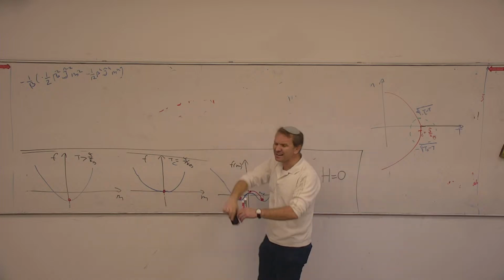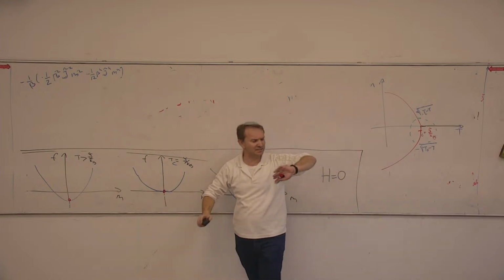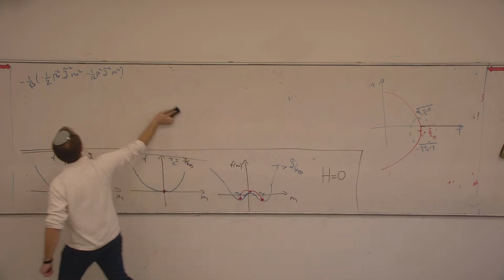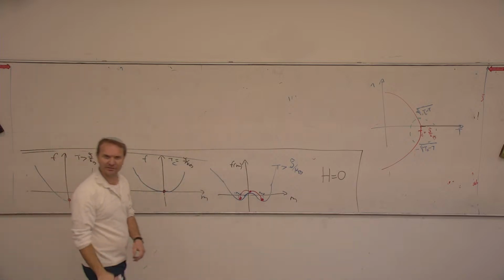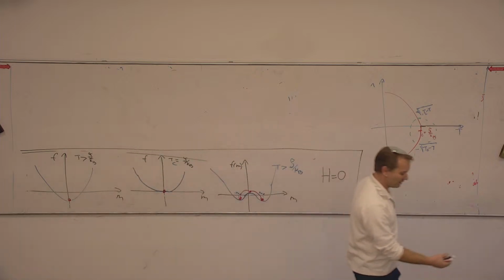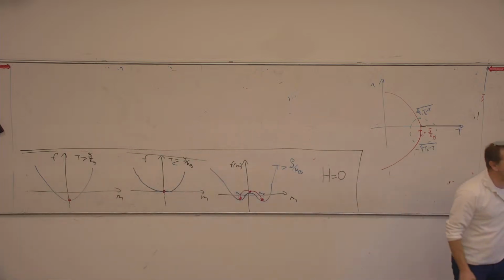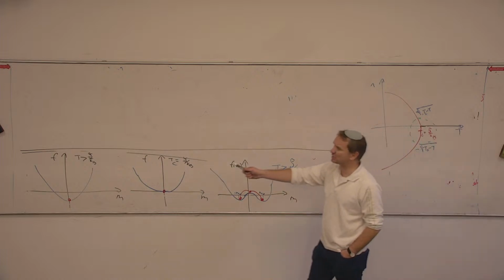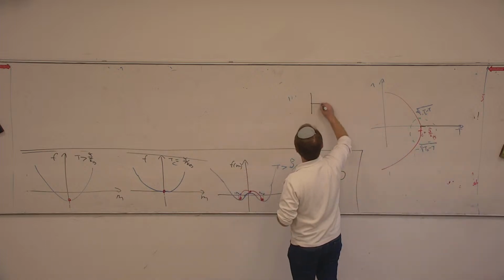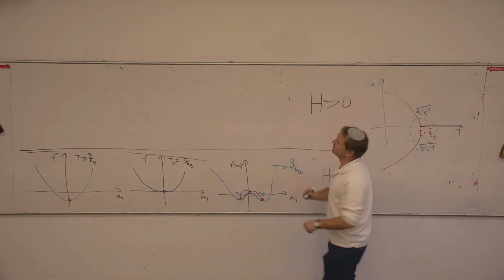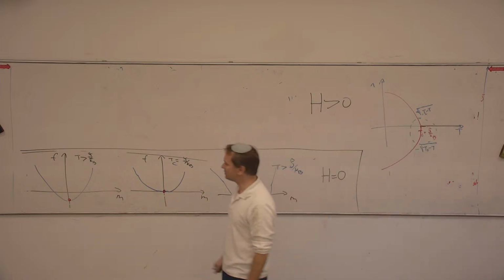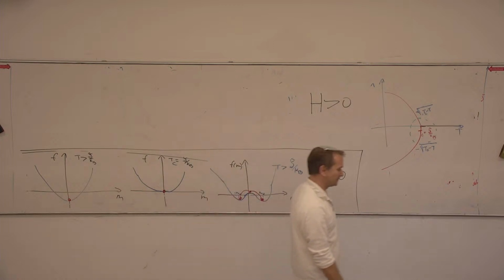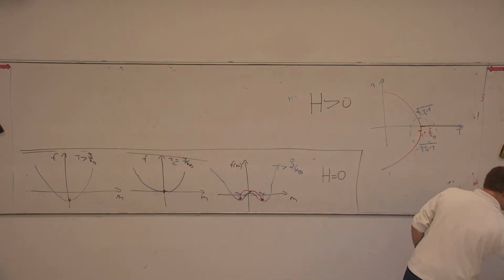I can perform exactly the same thing that I've done in the last hour or so. Okay, this is why I don't have time. But if I had additional time, what would I get for the free energy when h is larger than 0? I would get the following thing.